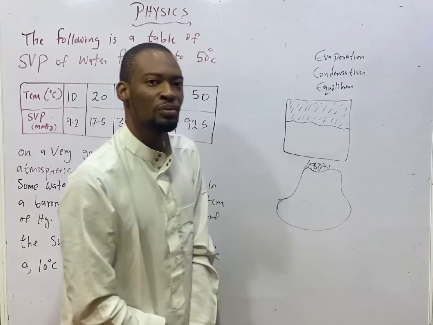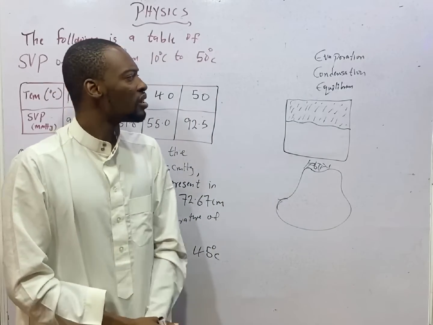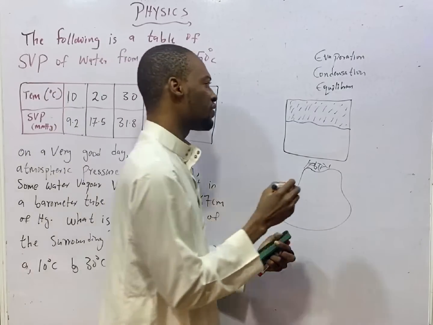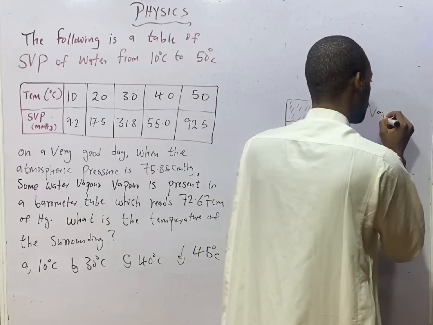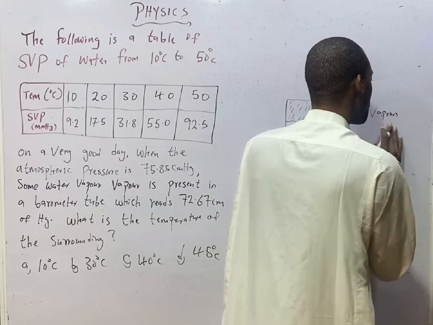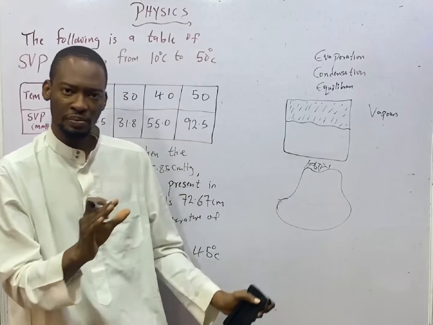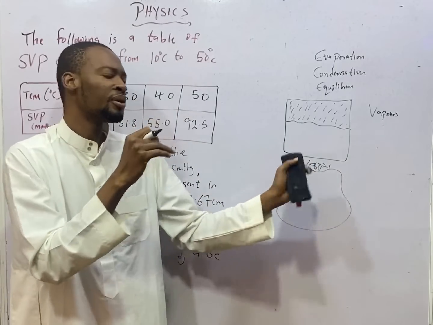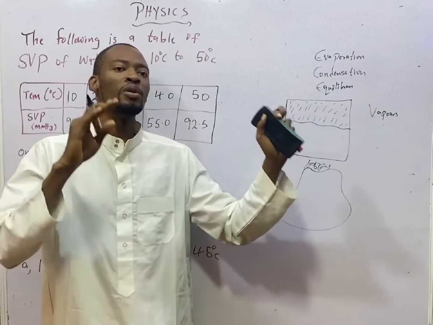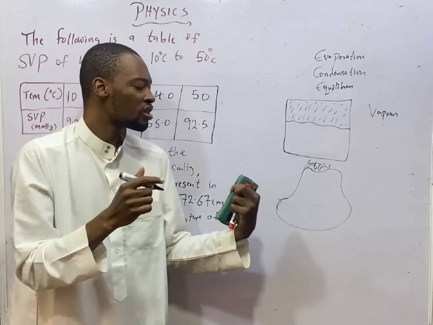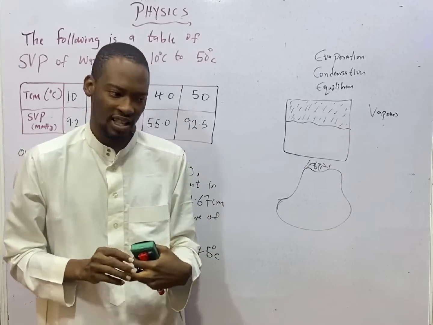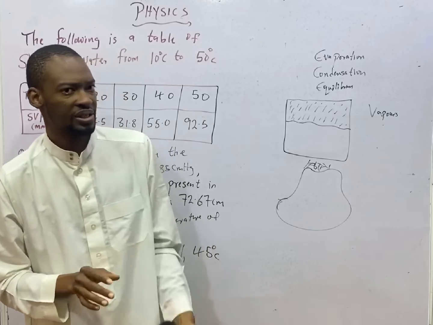What happens at equilibrium? At equilibrium, the number of molecules of this vapor remain constant at constant temperature. As such, we say that equilibrium has been reached. Now look at this.